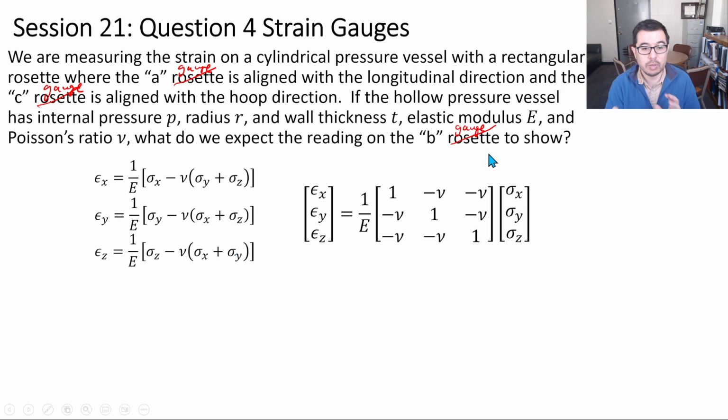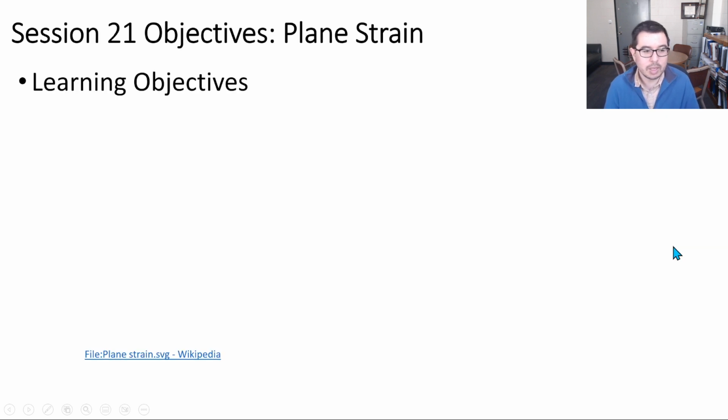We are also going between a state of plane stress and thinking about the general situation of what is the state of plane strain, and we're going to ignore the effects of epsilon z in this case. We're going to focus more on what's happening in epsilon x and epsilon y, and then use the equations that we've described for the rectangular rosette to figure out what the reading on B should be.